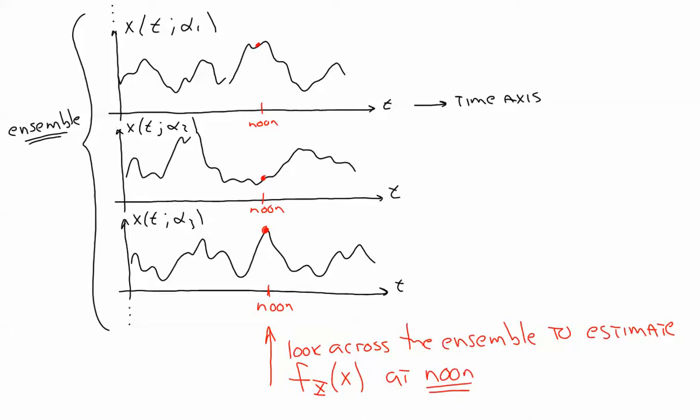So I'm going to look across the ensemble. I'm going to collect a bunch of data points over multiple days. I'll do a normalized histogram analysis at a specific instant in time. That gives me a random variable. Okay? A random variable has a non-time varying probability density function.